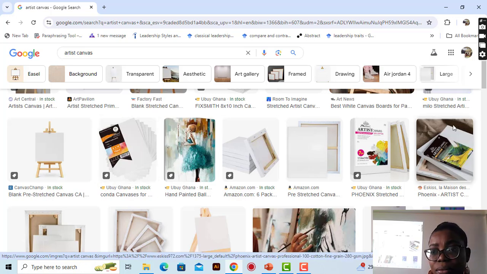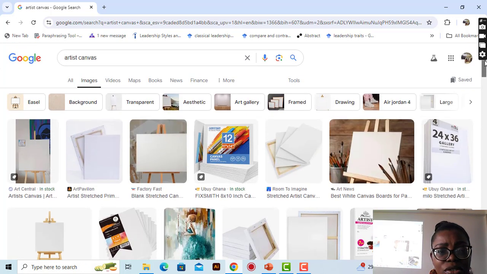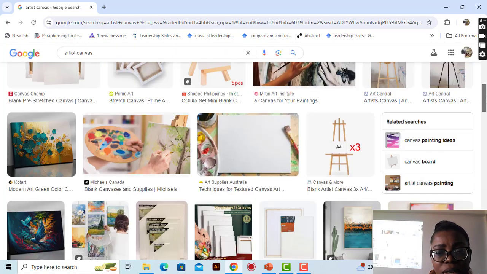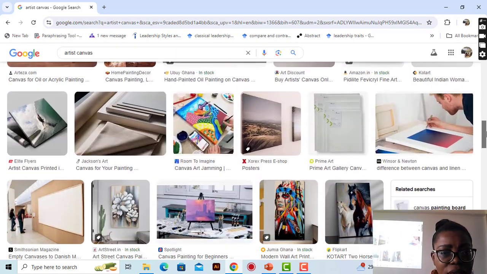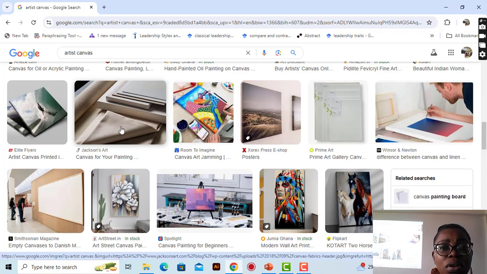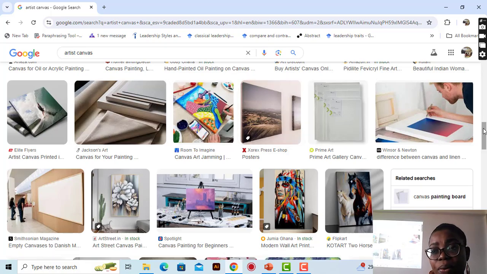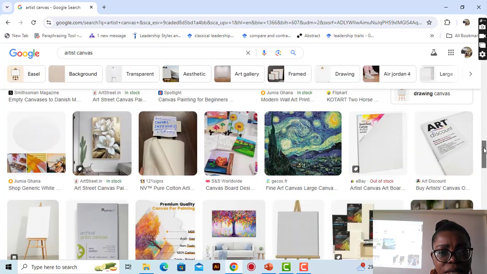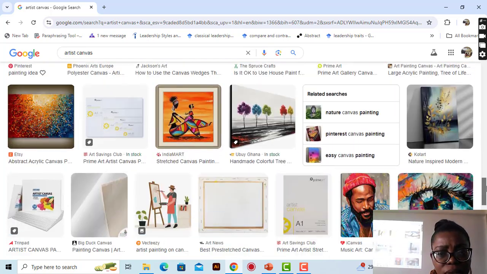Let me scroll and see if I'll get another. Okay, I think this is clearer. This is canvas for your painting. So it is a plane or a material. Don't confuse, I didn't say fabric. It's a material for painting. Are we okay? Yes. So that is canvas.